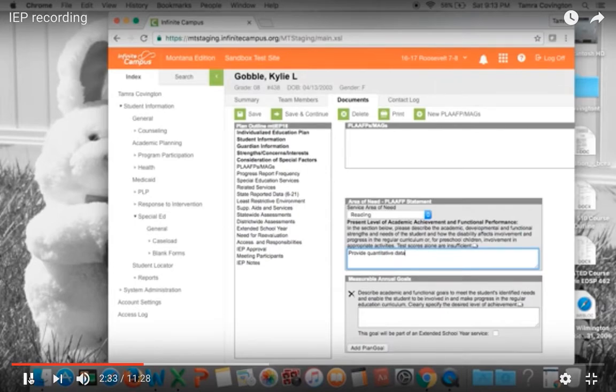Make sure that you provide quantitative data. In this particular case, you're going to primarily use the information that was provided in the evaluation report, but in an annual review, you will use information that you collected throughout the school year with your data recording and progress monitoring.